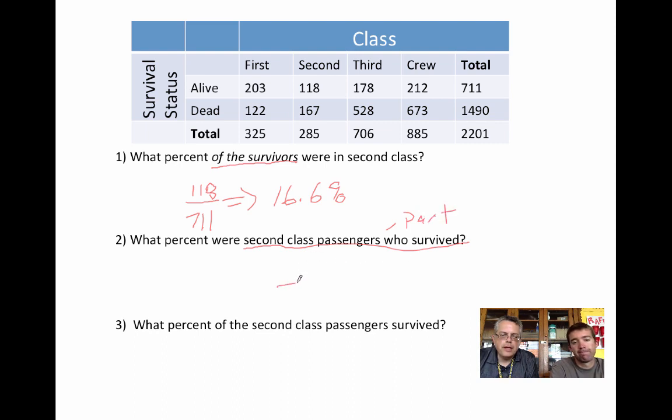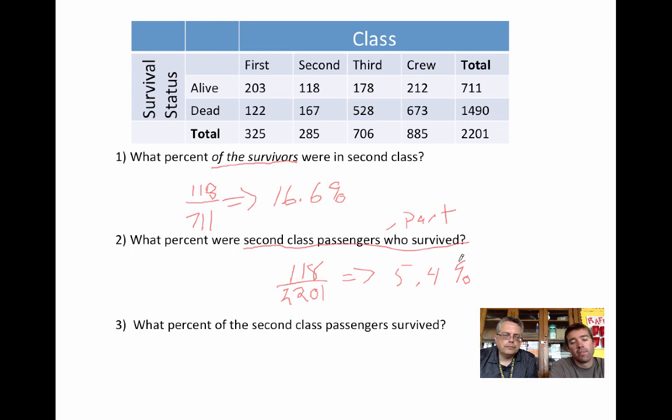So out of everyone, now it's 2,201. The part, the second-class passengers who survived, is 118. That would give us a percent of 5.4%. So we can just change that to a percent. The wording is very similar on these, so we've got to watch very carefully.